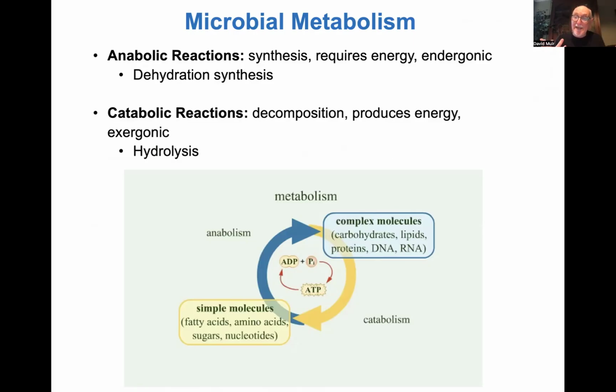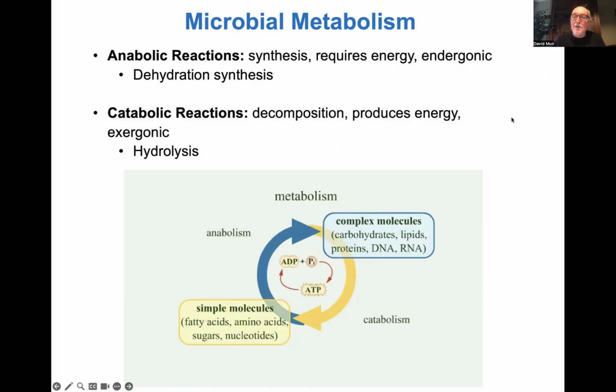They produce energy, and we can harvest at least some of that energy and make it into useful energy. And we put that useful energy into anabolic reactions to synthesize. So the catabolic reactions are reactions of decomposition, but the decomposition, of course, is directed, and it is by hydrolysis.